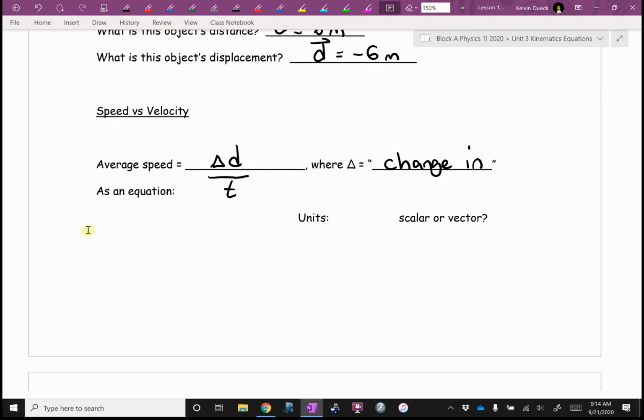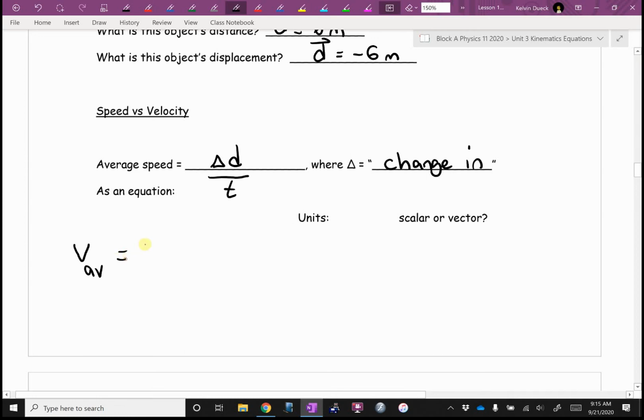So as an equation, we have this. Average speed. The symbol for velocity is v with a vector. The symbol for the scalar version of velocity isn't an s. I told you we hate the letter s. It's the v without the vector sign. Average, I typically use an AV subscript. There is a symbol for it, but I prefer the subscript.